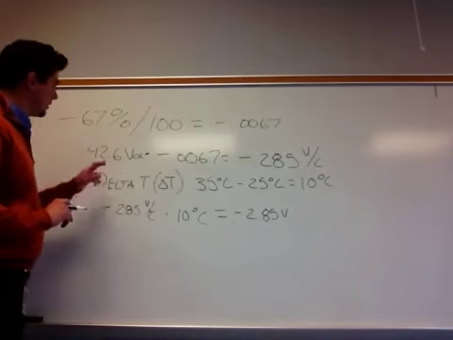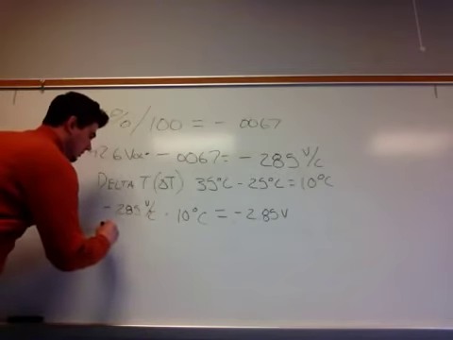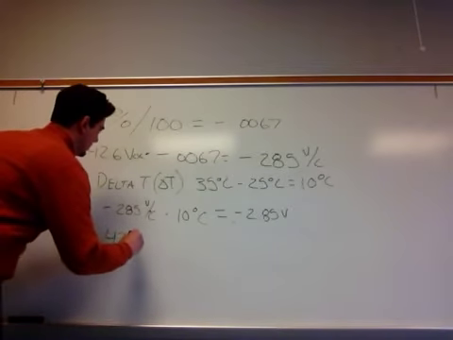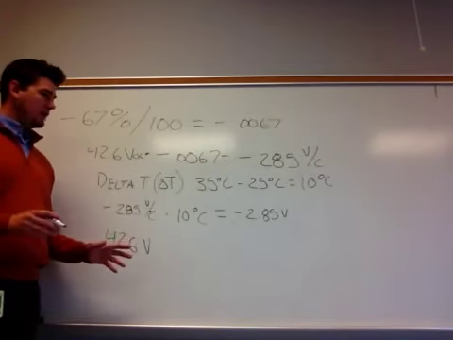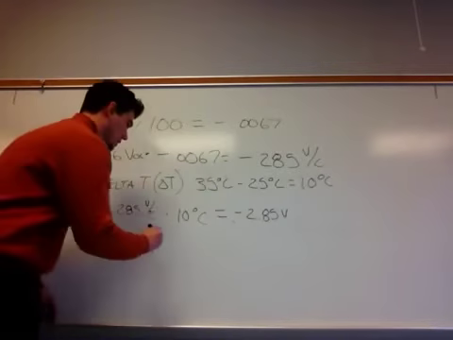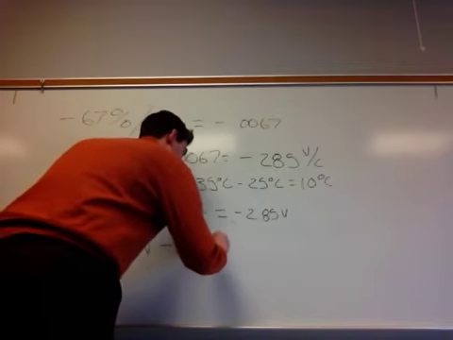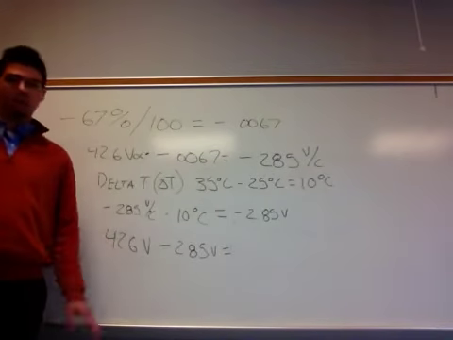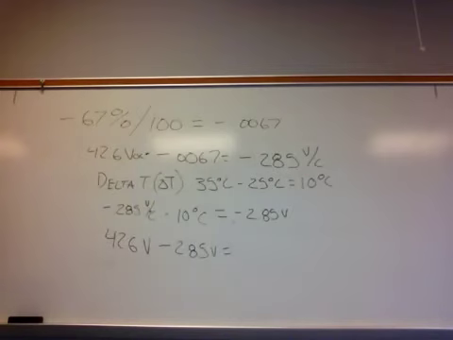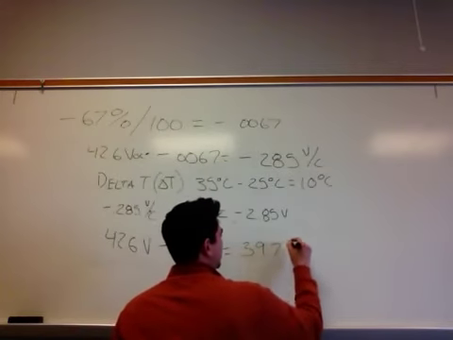Now I add my 42.6 VOC, volts, because we're still calculating for each module. In the max formula, it was adding, but since we have a negative, we're actually going to be subtracting. So 42.6 volts minus 2.85 volts is 39.75 volts.